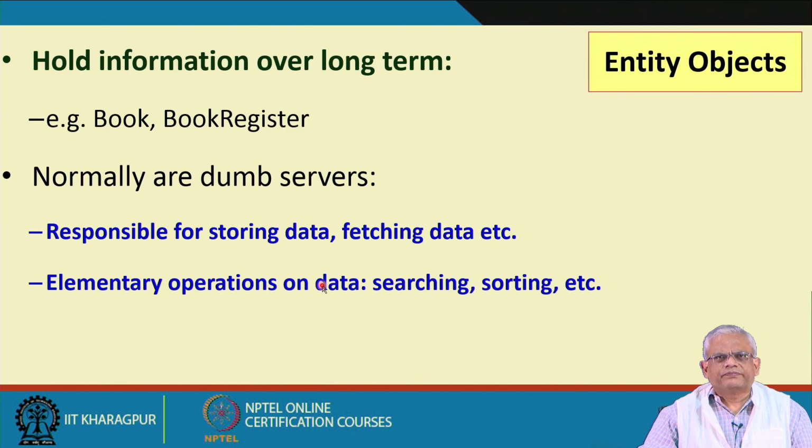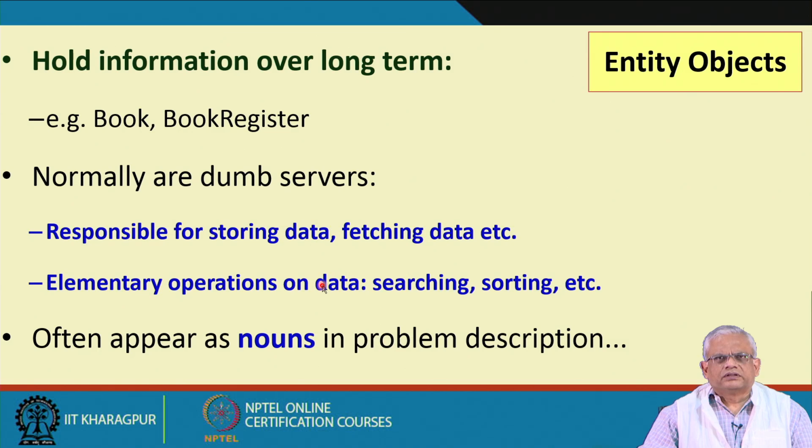For example, in a library, a large number of books exist and the books are the entity objects. Each book object stores some data and the collection of all book objects stores the information regarding all the books in the library. To identify the entity objects, initially we will do noun analysis.